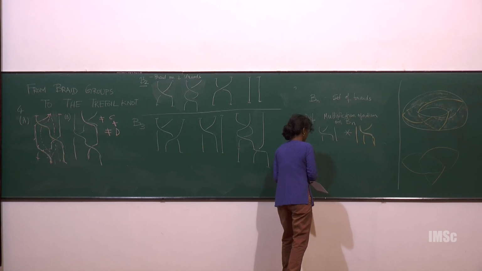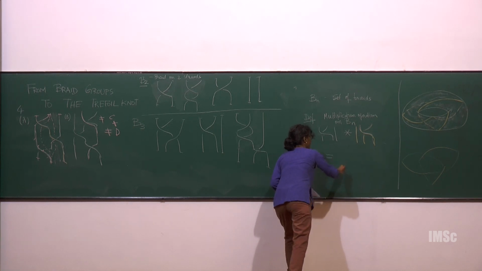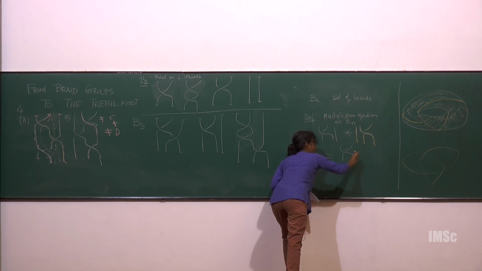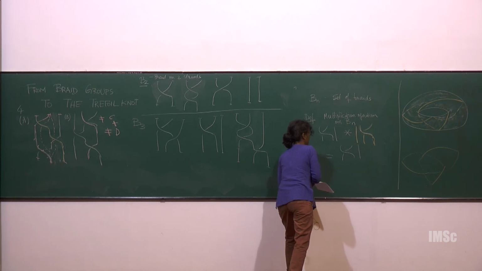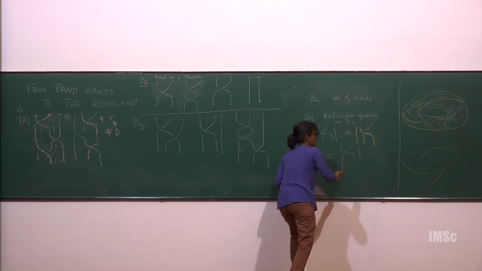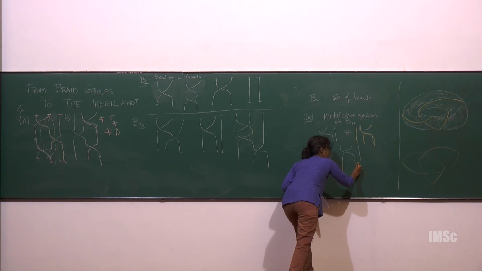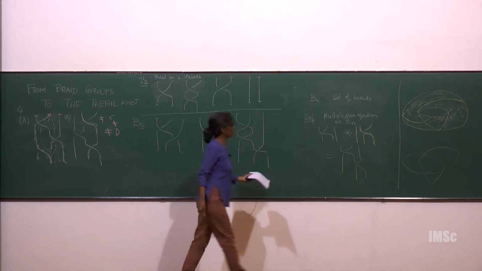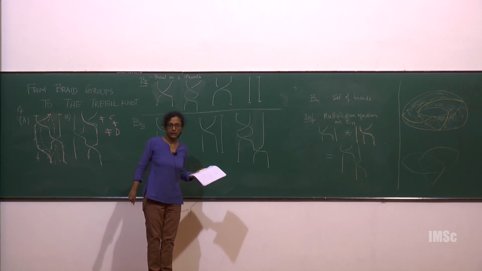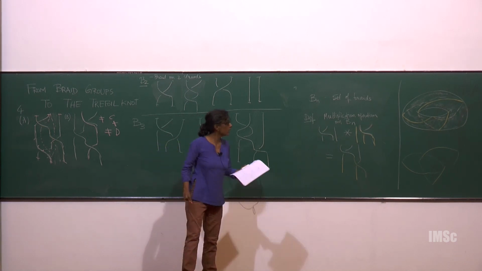So this is equal to the white one above, and then follow it by the orange one. So that's how you multiply braids.